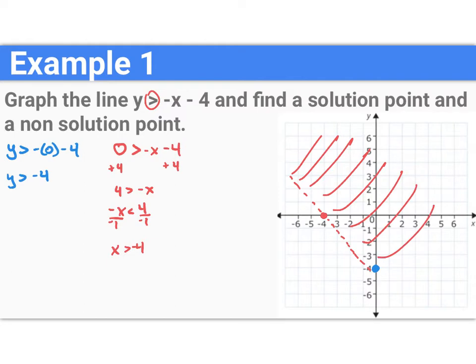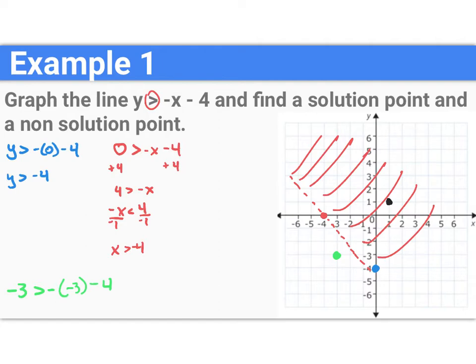Okay, it says find a solution point and a non-solution point. So to find a solution point, we pick a point. And we will put, let's see, what else will we pick? (1, 1). All right, so let's start with our green point. For the green point, we do (negative 3, negative 3). Negative 3 for y is greater than negative of negative 3 minus 4.